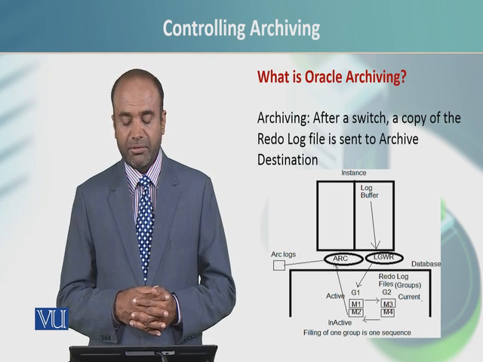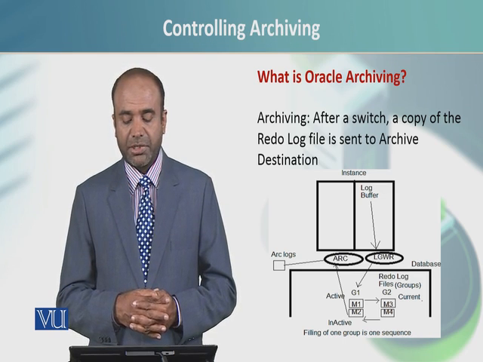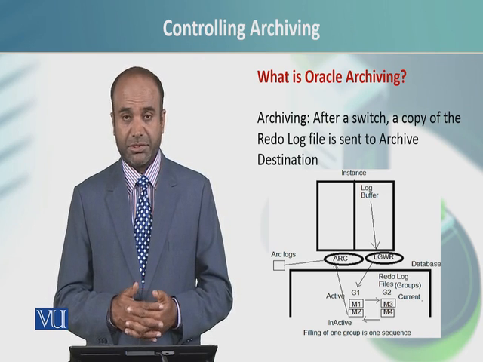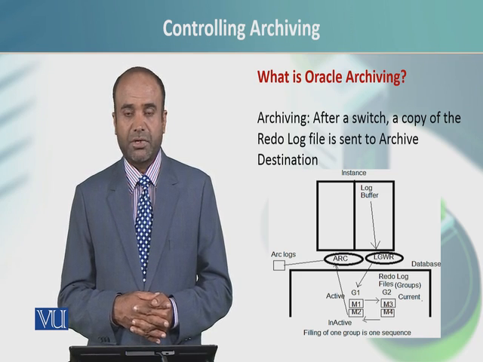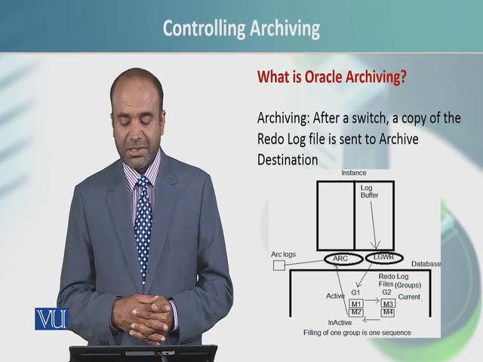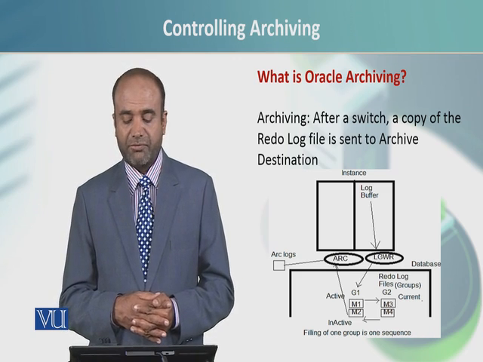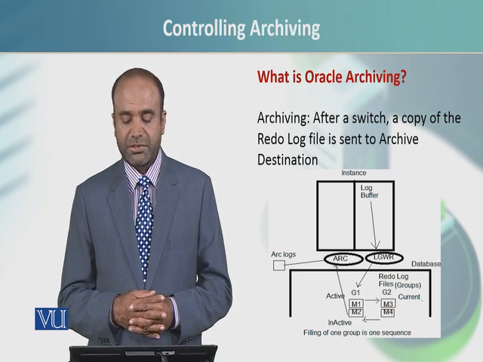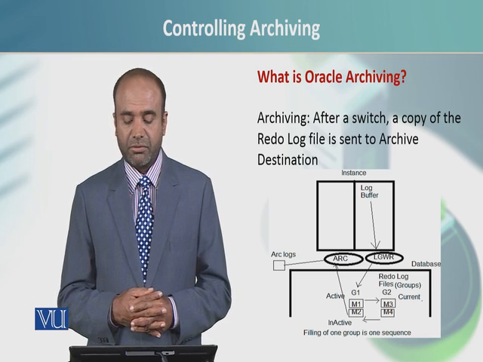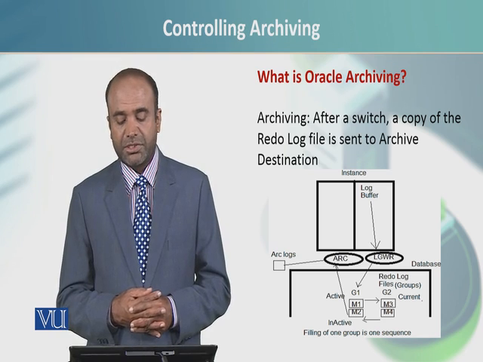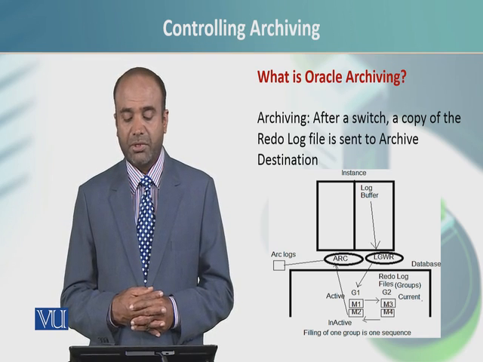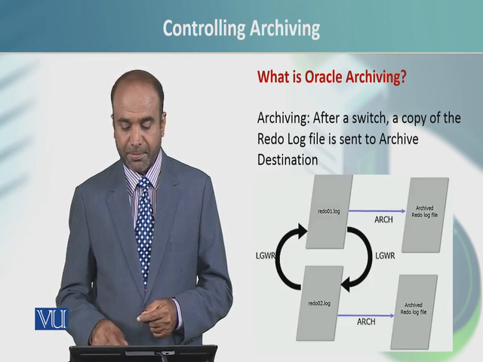When it is filled up, the archiver will start at the same time because it is already in archive mode, and from G1 to G2 it starts filling up G2 as the current members, and then starts filling up the previous one, overwriting it. But before overwriting, all the data is saved into an archival log.